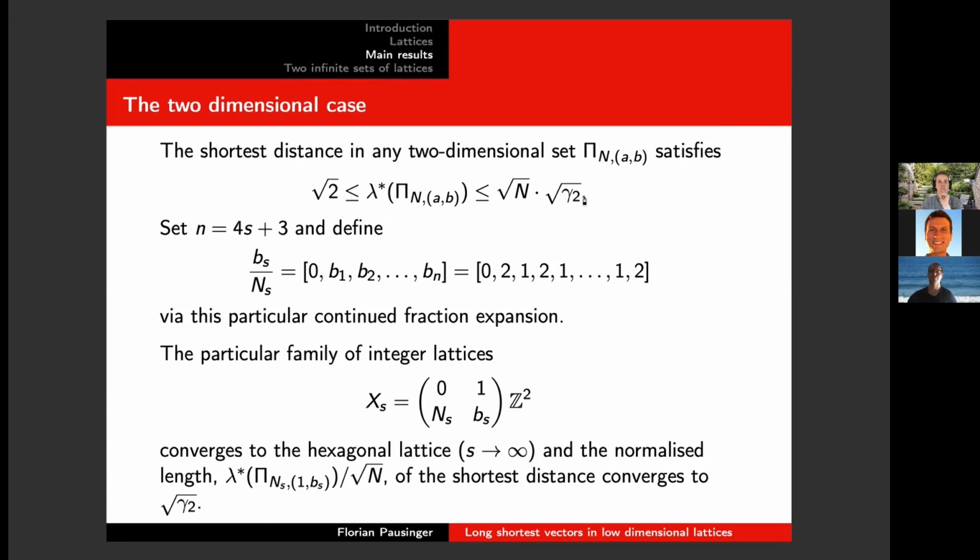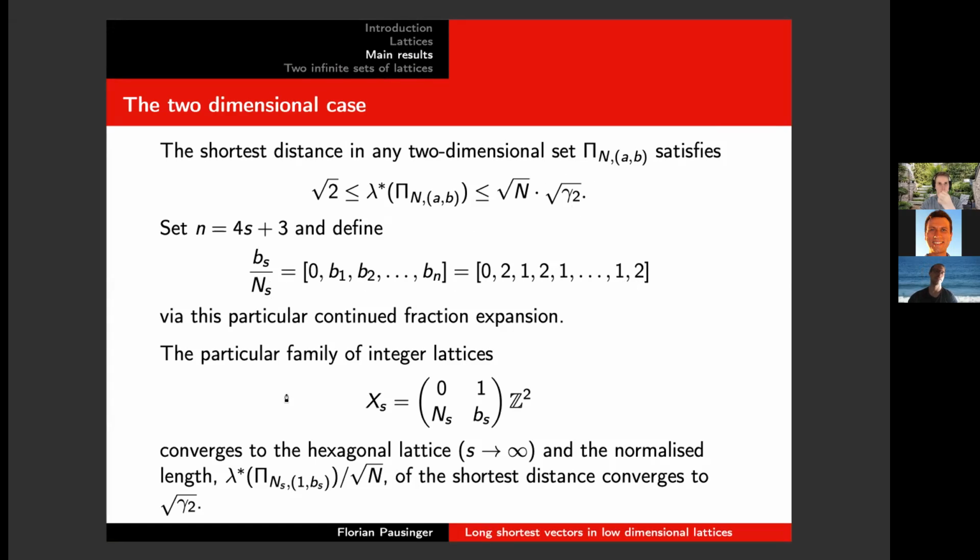And what was very striking in 2 dimensions was that there existed a construction based on continued fractions. So you have a particular number of points, and you choose a particular generating parameter. So this ratio has a very structured continued fraction expansion.